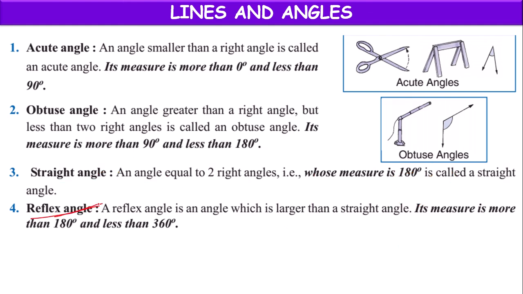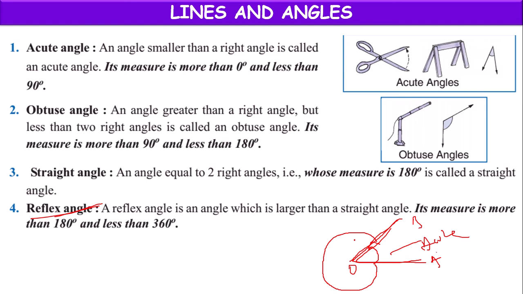So next, reflex angle. Suppose if this is A, if this is B, if this is O, if this angle is acute, less than 90 degrees, what about the angle which is on the other part?